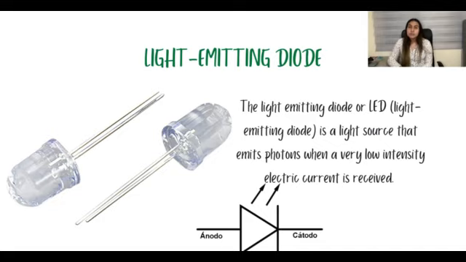A typical light emitting diode and its symbol are shown in the figure. The positive terminal or anode is usually the longer of the two terminals. Some LEDs have a flat base that serves to identify the negative terminal or cathode.